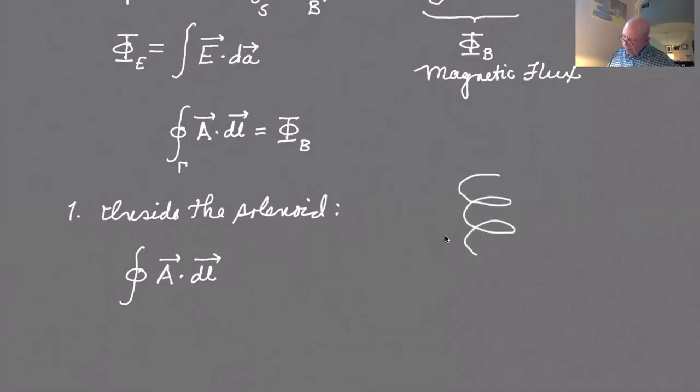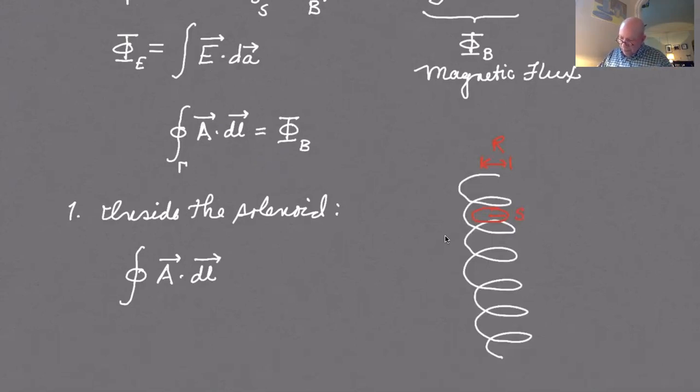If this is some blow-up of the solenoid, and this solenoid is of radius R, what we're going to do is have a loop inside of radius s. The magnetic field here is constant inside, and so we'll be able to calculate the flux there.